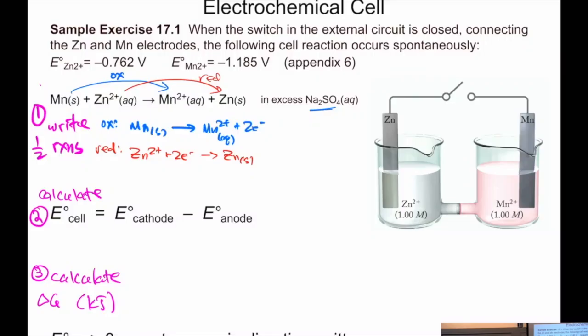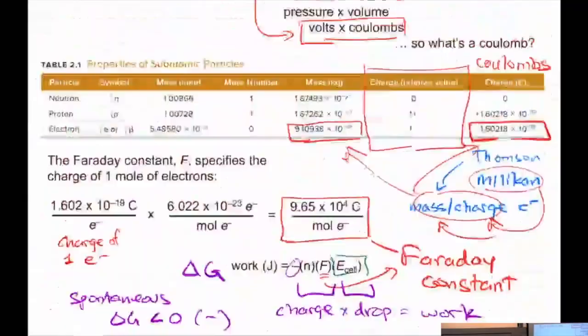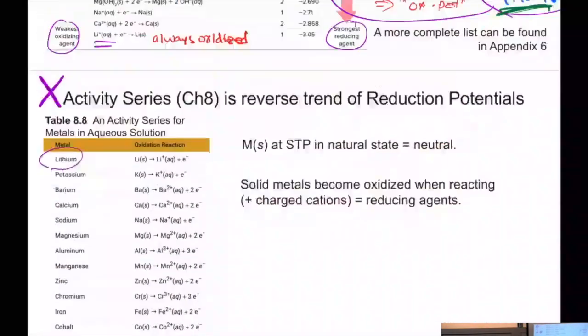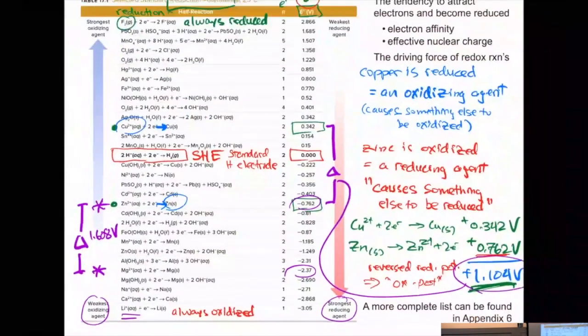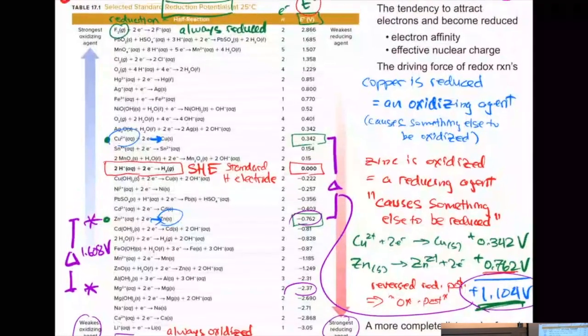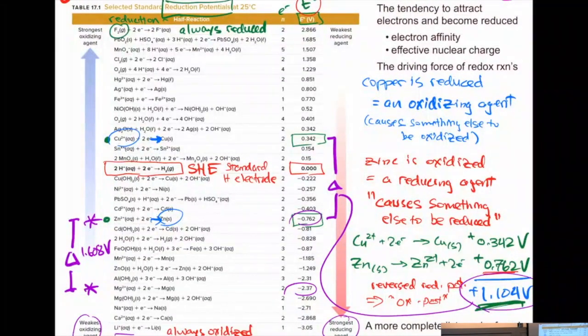The reason it's difficult is because we have designated the standard hydrogen electrode to be our 0. All you're doing is looking at the difference between one reduction potential and the other one.